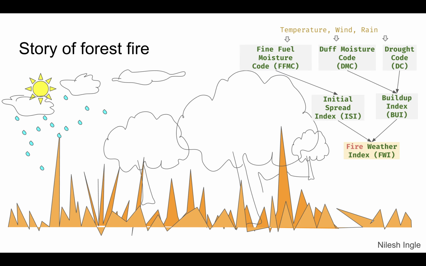We are not going into the details of how each of these indices is measured or how they are calculated, but just to give you an idea of what these are, because those would be used in the data set that we are about to see.